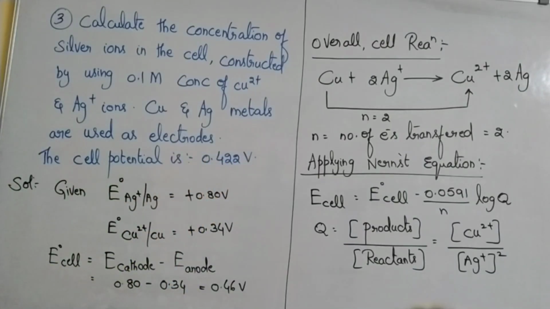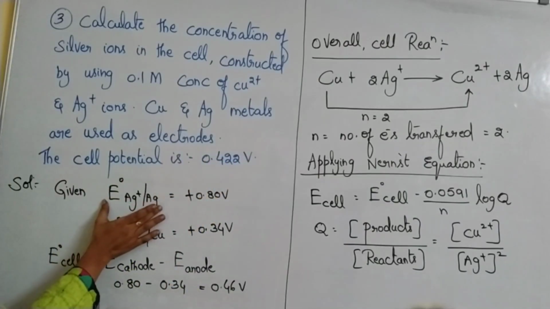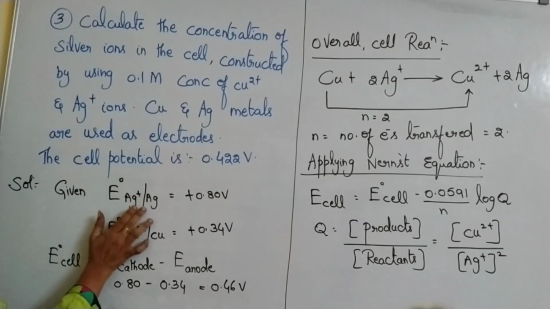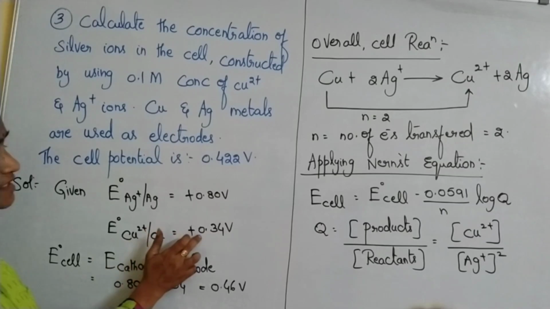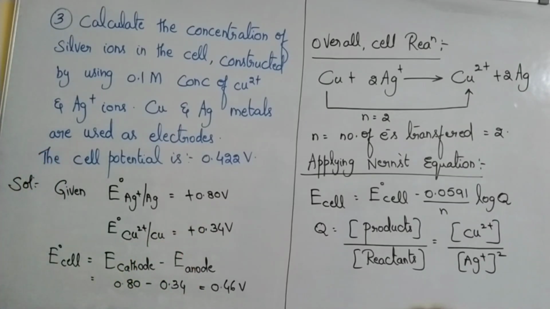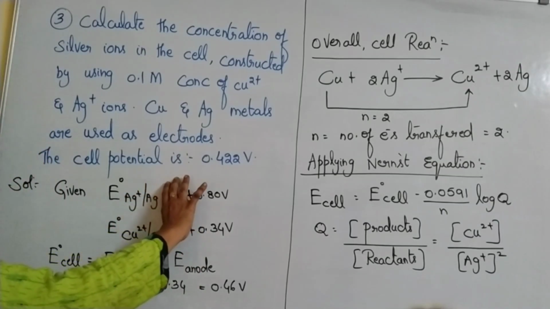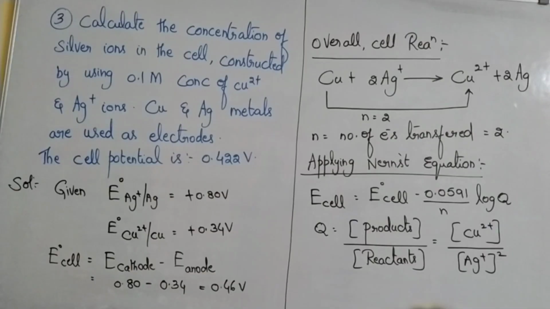Also E naught of Ag+/Ag is given as 0.80 volts and E naught of Cu2+/Cu is given as 0.34 volts. We should find the concentration of Ag+ ions.